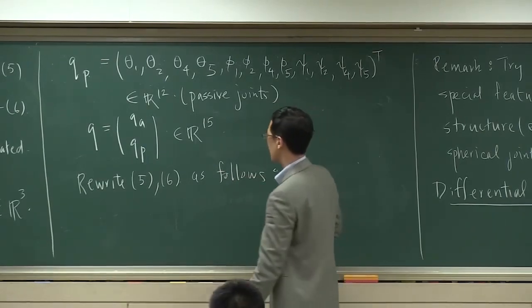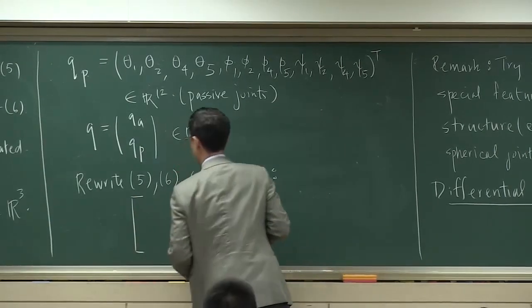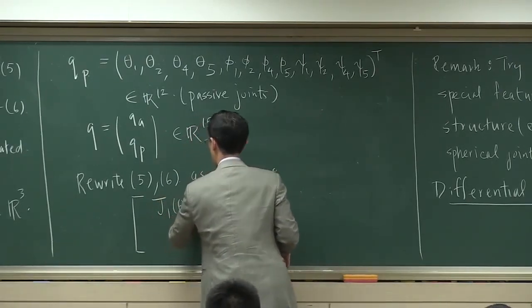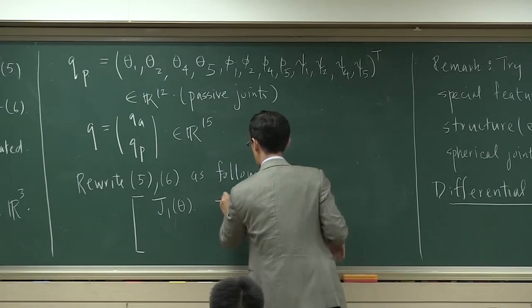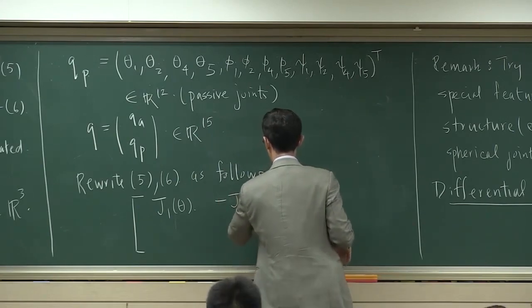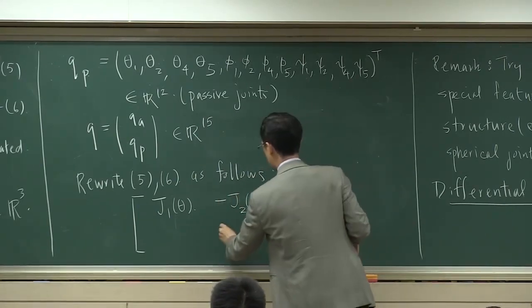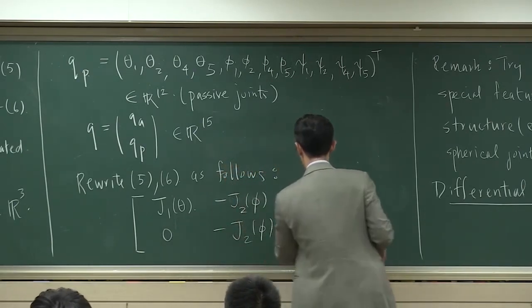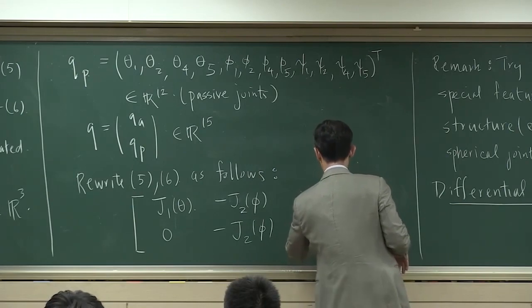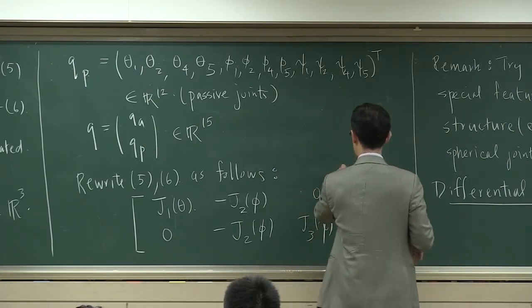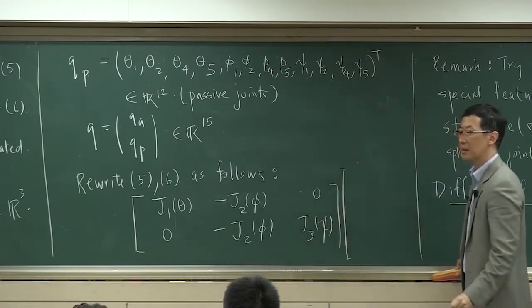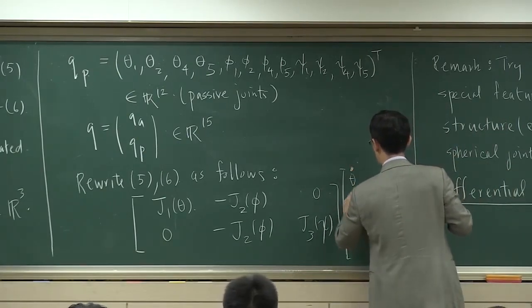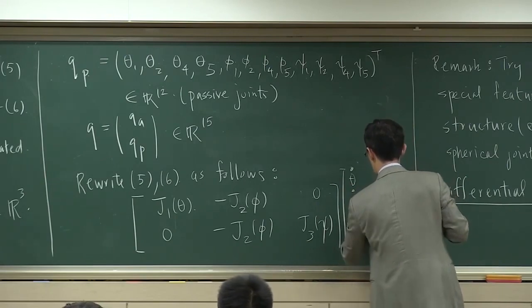All right, so let me put J1 of theta here, and minus J2 of theta of phi here, 0 here, 0, minus J2 of phi, J3 of psi. This is multiplied by the vector theta dot, phi dot, psi dot.